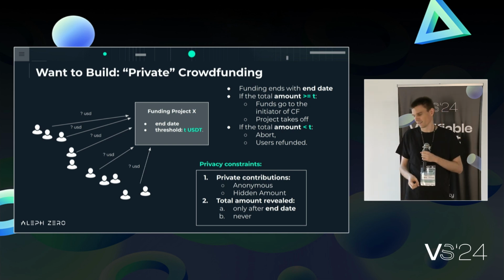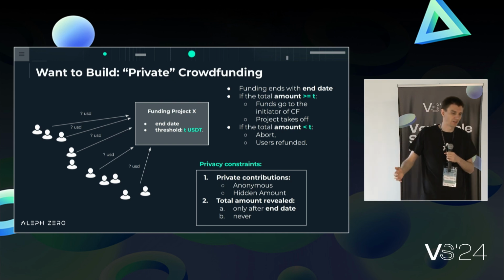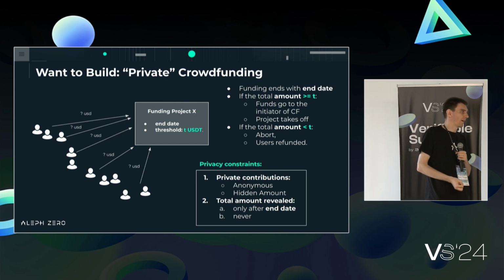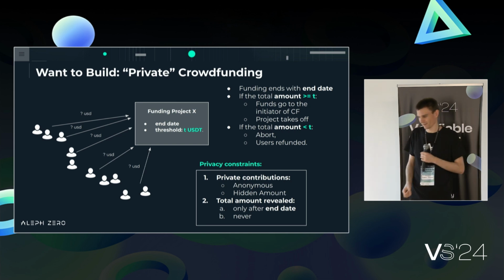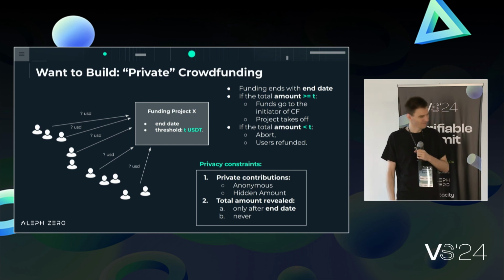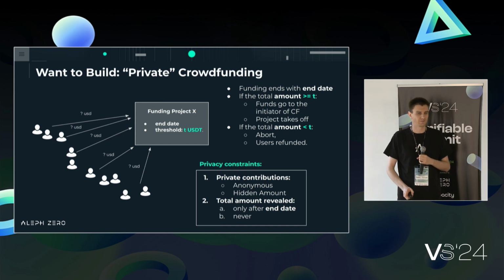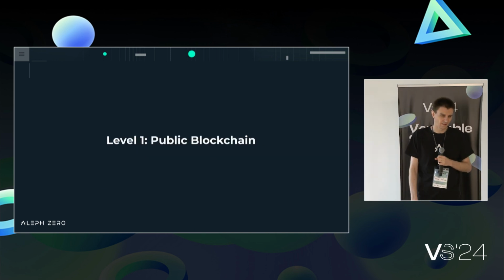And then this money goes to the founder and they do something, okay? So this could be a very, very private crowdfunding. These are our objectives here. This is what we would like to achieve. And let's go step by step and see how we can build it.